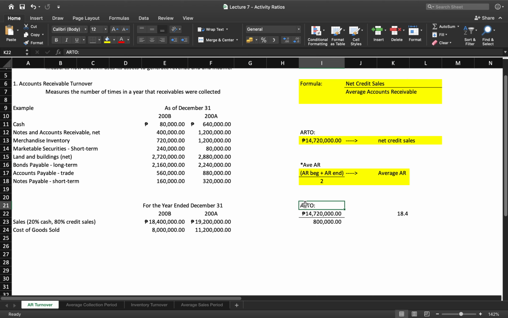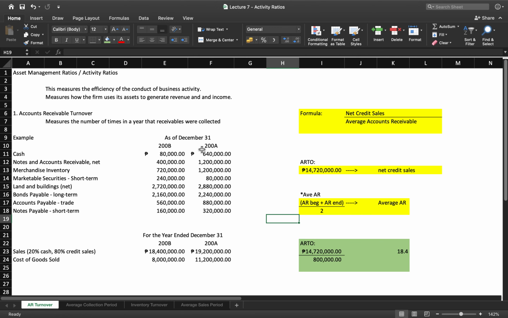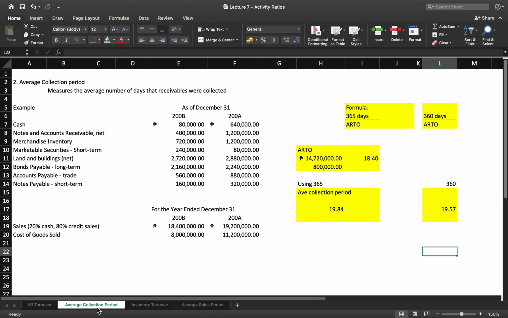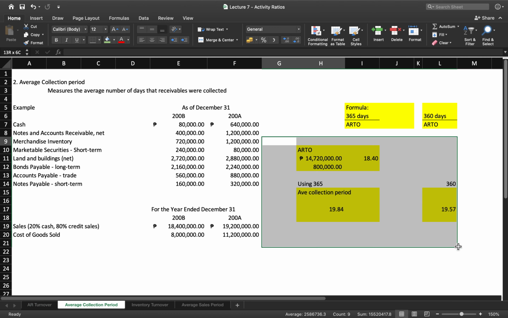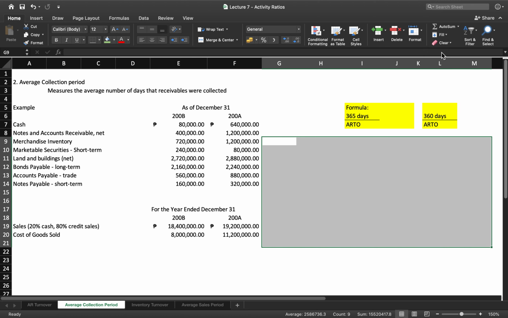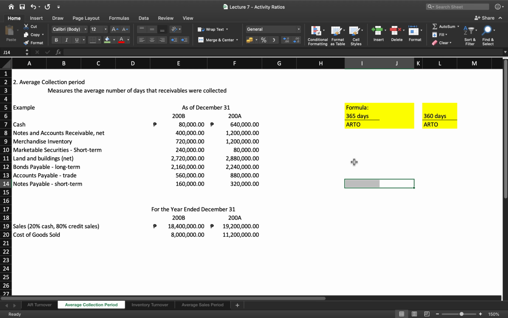So, let us highlight this. This is our final answer. Okay. So, if we have our AR turnover, then we should also have our average collection period.